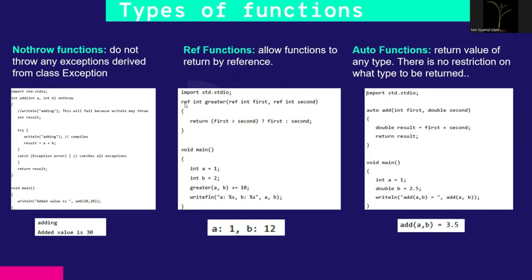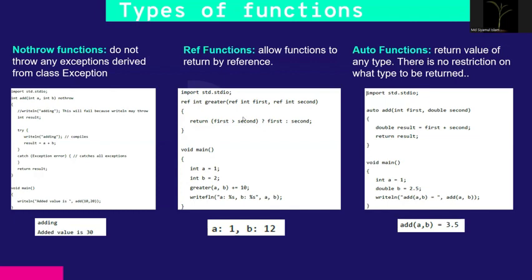The ref function is declared here with the ref keyword. So when we are calling this function, a and b values are passed, and here the parameters will go. But when they are catching the parameters, they will be cast as reference integers.